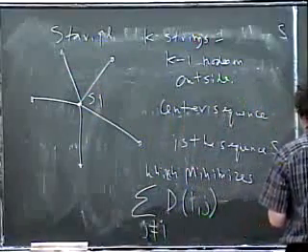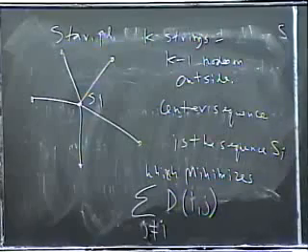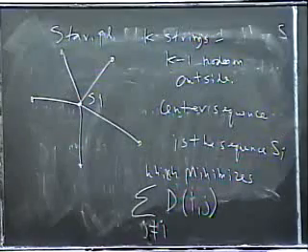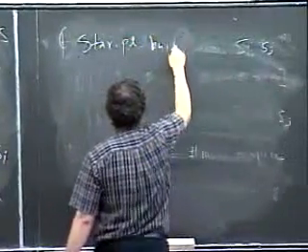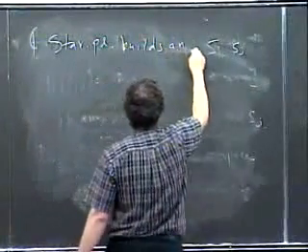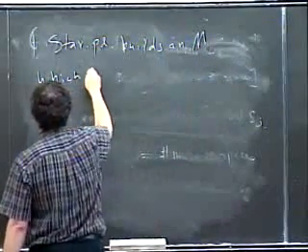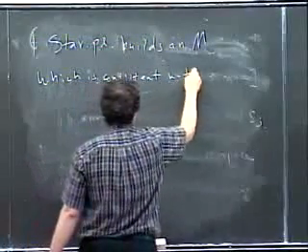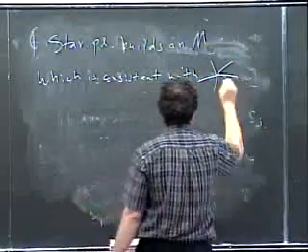And then star.pl builds an M, a multiple alignment, which is consistent with that star, with that particular tree. Okay?